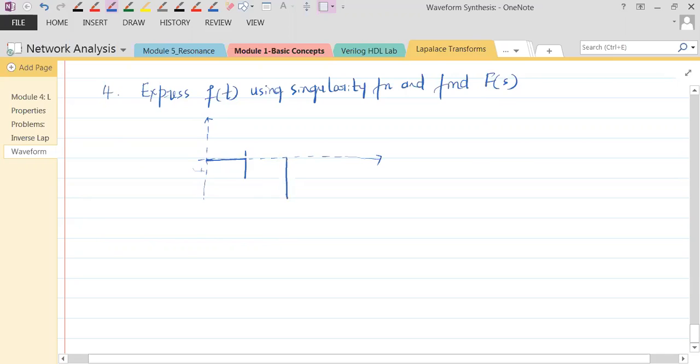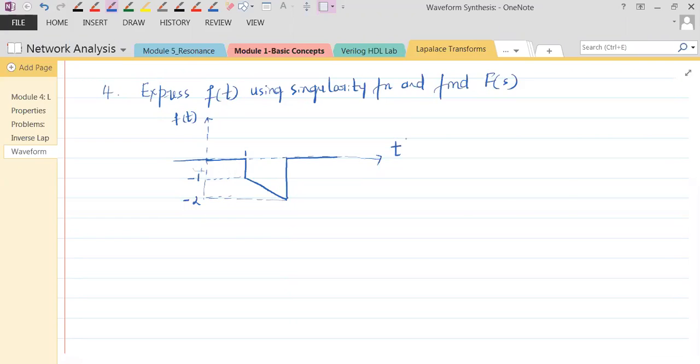So this is how the waveform looks like, and this waveform we call f of t. This is minus 1, this is minus 2, and this is the time axis. This is the waveform.